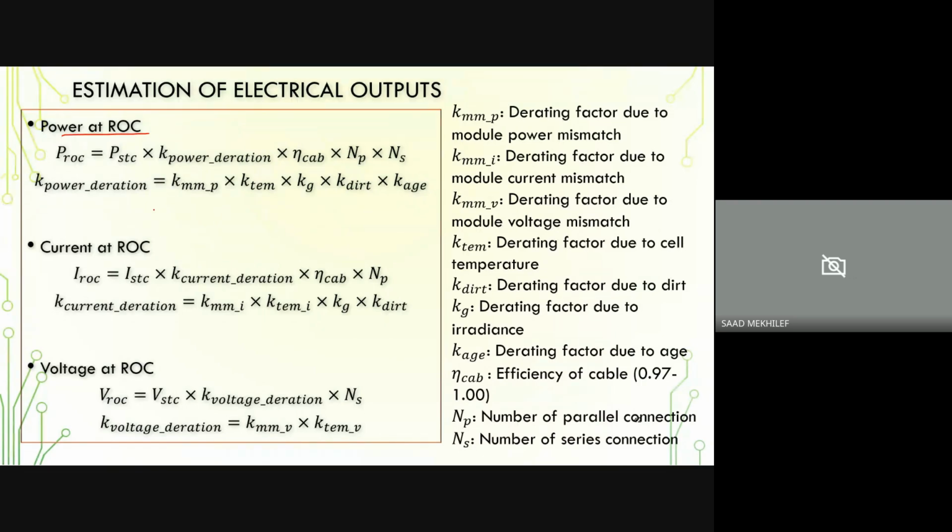The power equals the power at STC, the standard conditions, plus the K, which is the derating factor. Even the current has a derating factor, so you don't get the short circuit current. Even the voltage has a derating factor. We always have a derating factor in all of this.